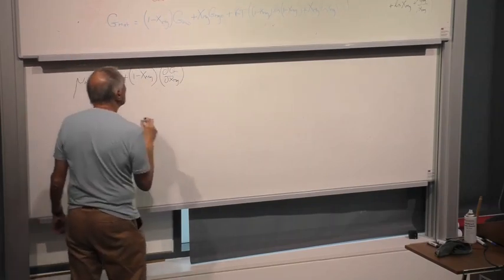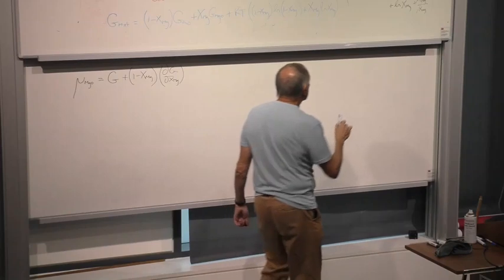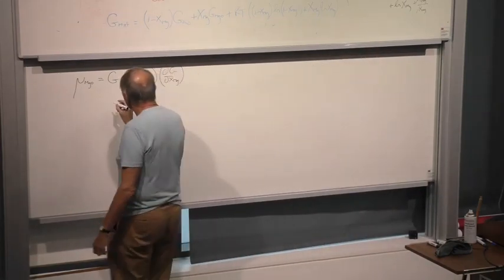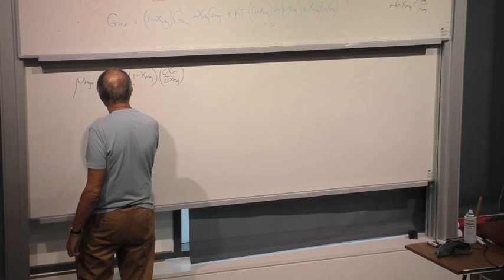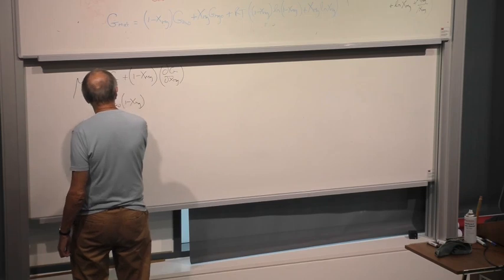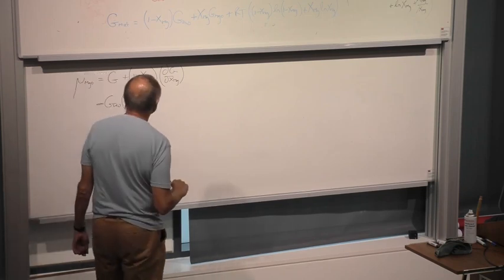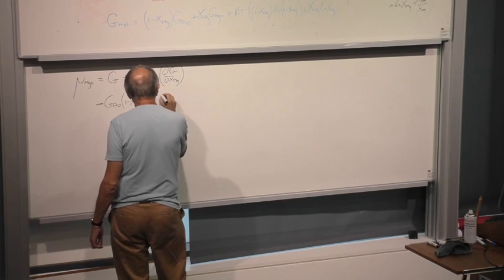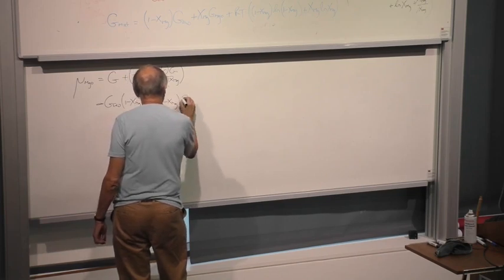So we have a term in gFeO, so it's gFeO times 1 minus xMg negative, plus 1 minus xMg gFeO.